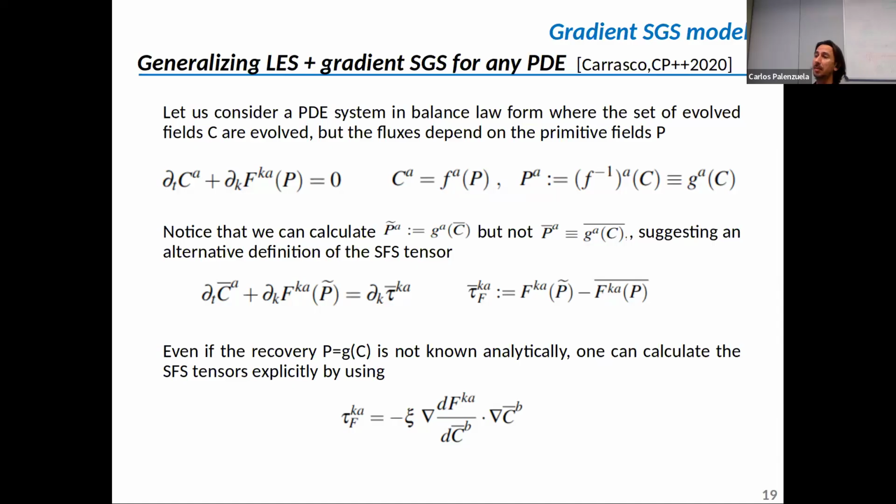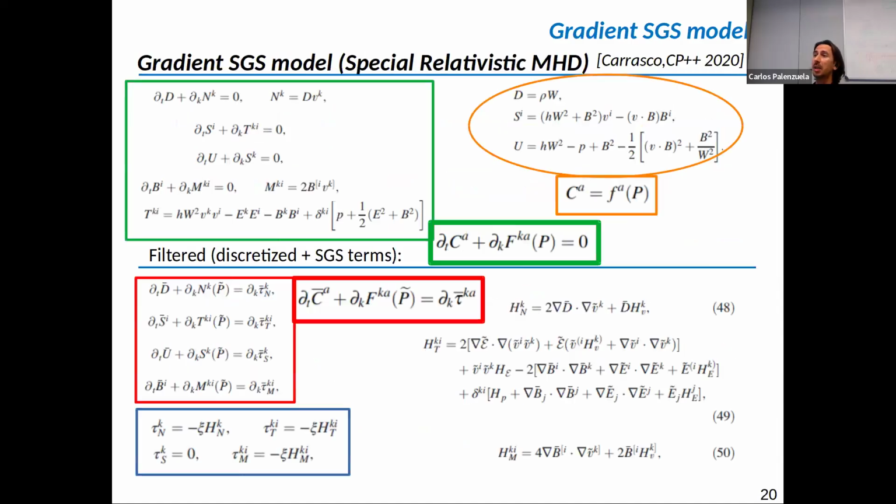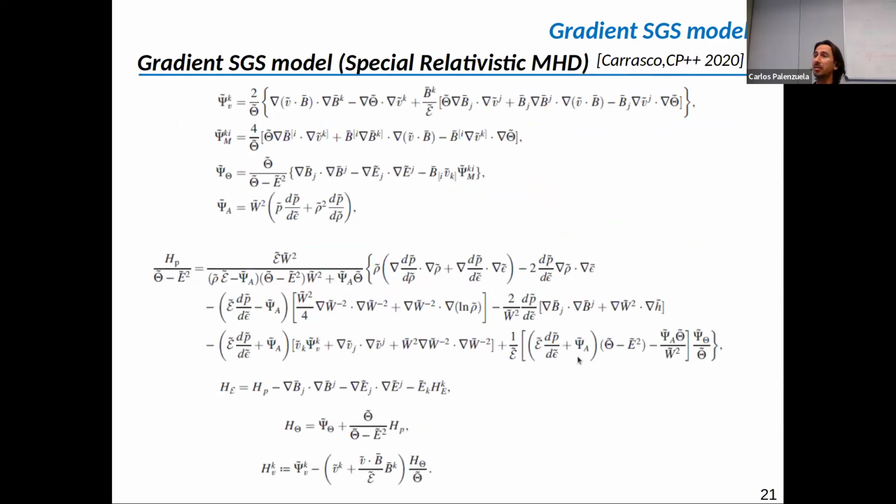But with some mathematics, it can be done. It was done by Federico Carrasco in our group. It is much longer than in Newtonian MHD because of all these couplings with the Lorentz factor, but it still can be written in two slides. So it's more complicated than a standard fluid, but much less complicated than Einstein equations, for instance.